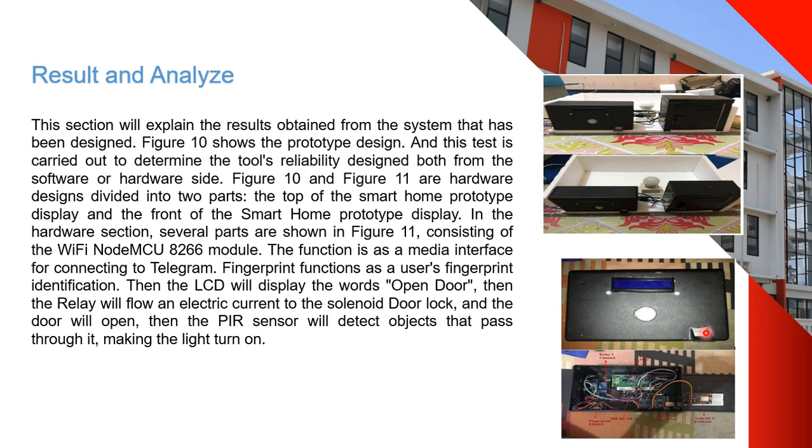Then the LCD will display the words open the door. Then the relay will flow an electric current to the solenoid door lock, and the door will open, and the PIR sensor will detect objects that pass through it and make the light turn on.